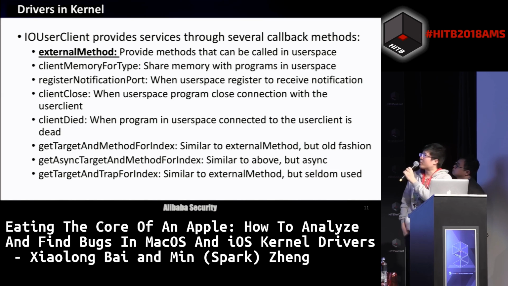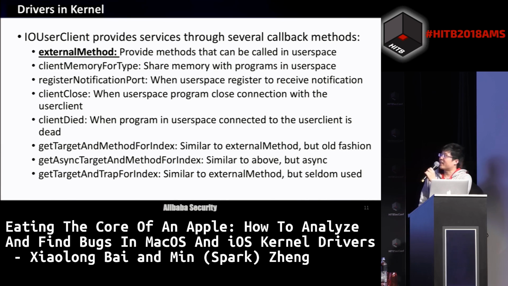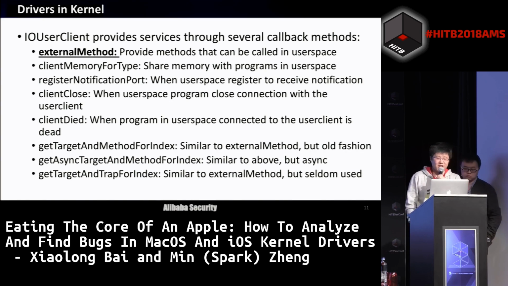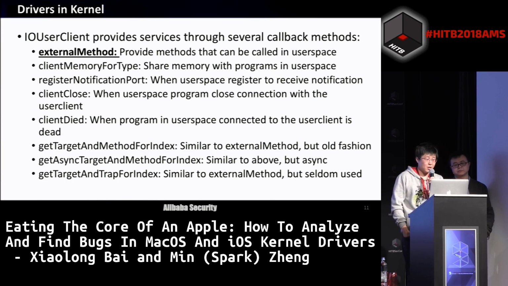When the user space program closes or dies, it will call the clientClose and clientDied callbacks. Also, there are some seldom used methods, for example, getTargetAndMethodForIndex. They are similar to externalMethod, but in an old-fashioned way.